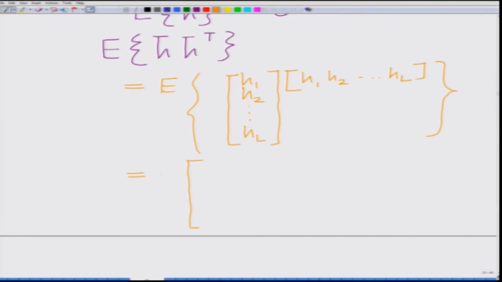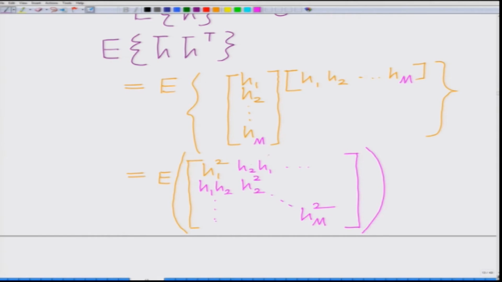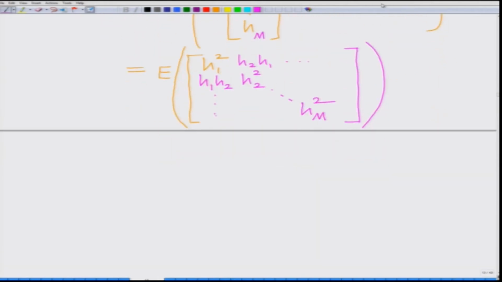Just to write this more explicitly, writing one more step will help. The expected value of the first diagonal element is h1 square, the second diagonal element is h2 square, and the last diagonal element is hM square, and the off diagonal entries are of the form h1 h2, h2 h1, and so on. The expected values of these off diagonal elements are going to be 0.